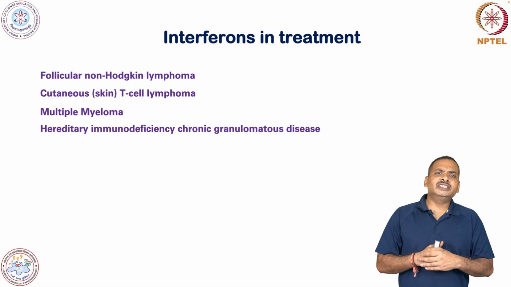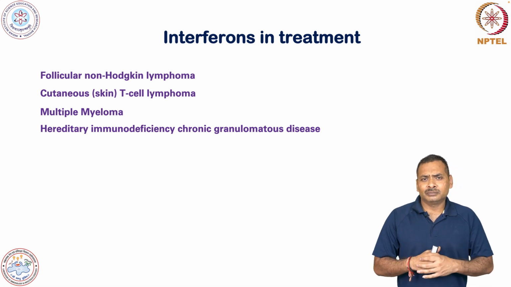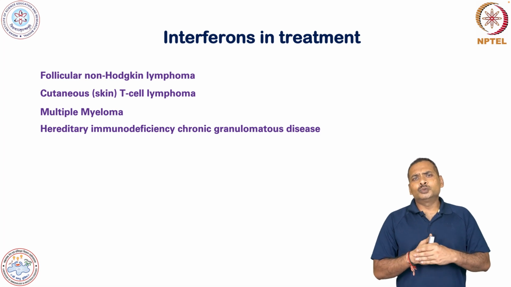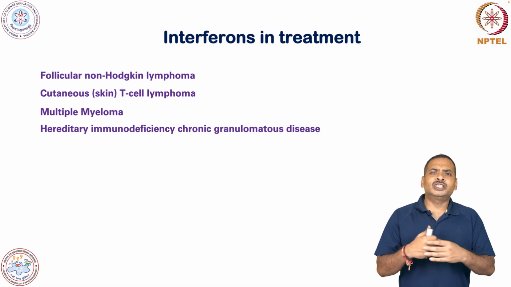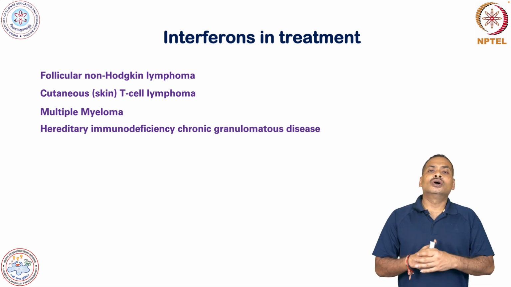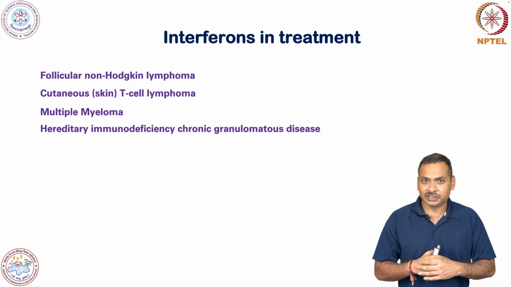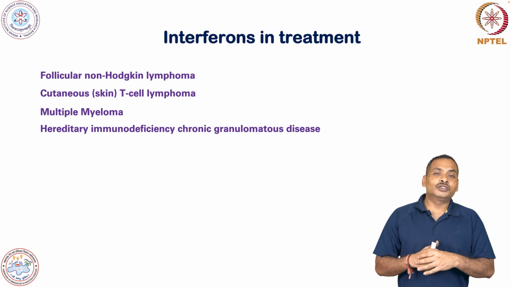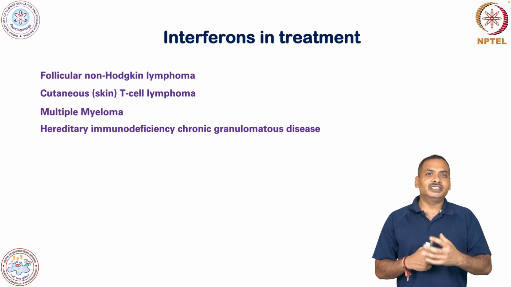So these CGD individuals are not able to produce a sufficient amount of reactive oxygen or nitrogen species. And there is a test, if you remember, the NBT test.